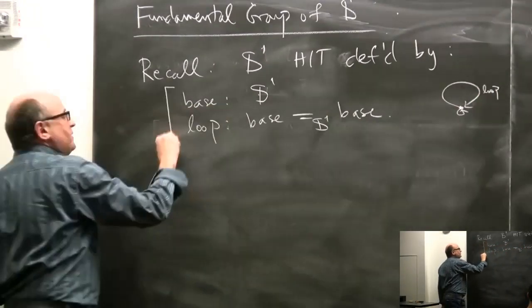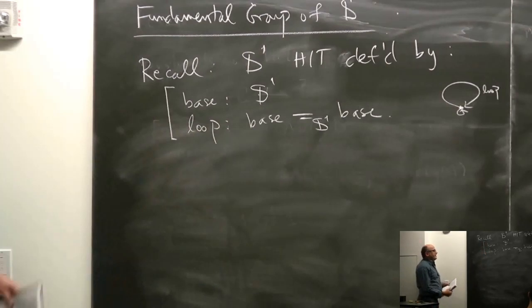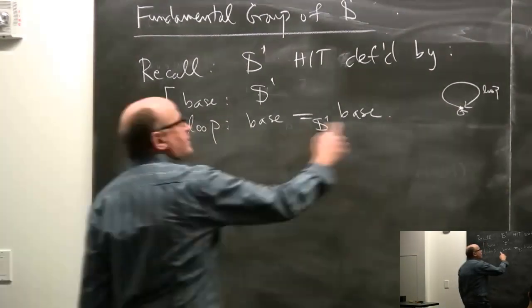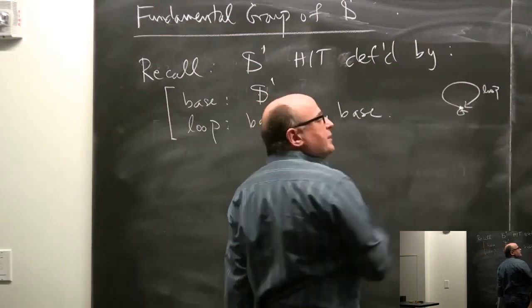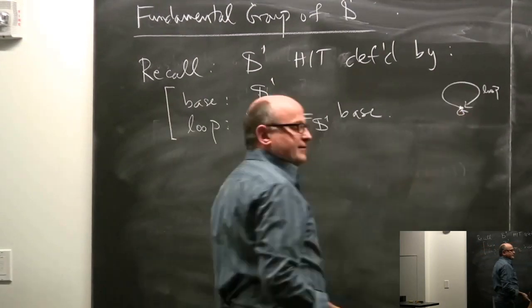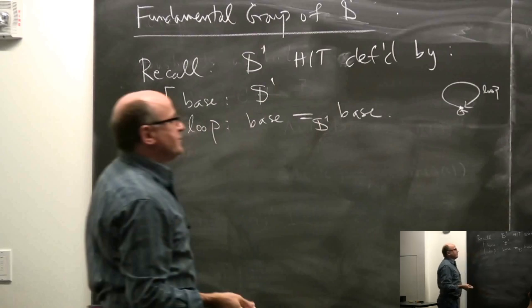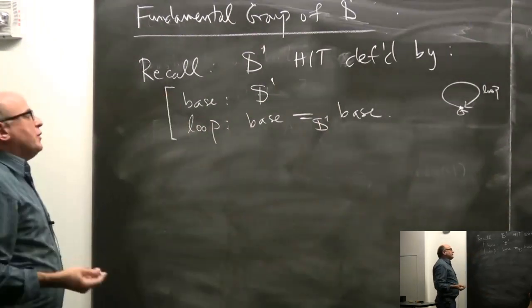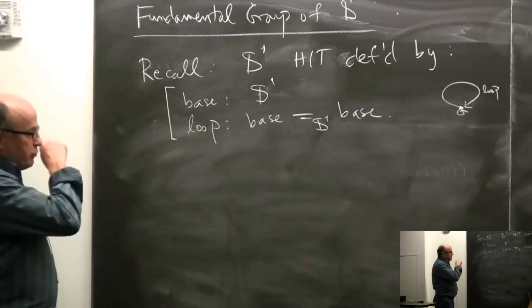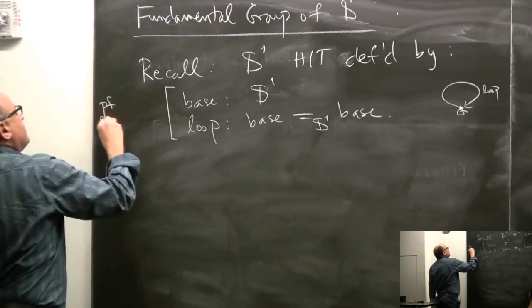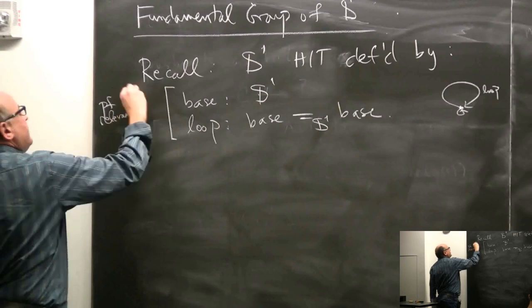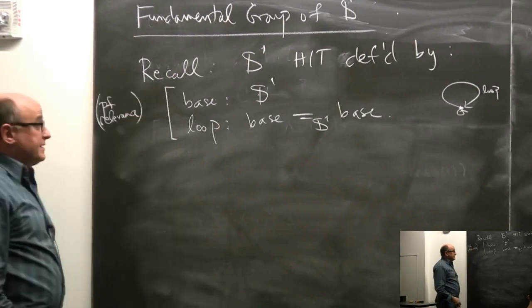All right, so that's the idea. Remember, the loop is an equation. This is saying there's another reason why base is equal to base other than the fact that it is by reflexivity. And so it's a nice example of proof relevance. You can think about these things in different ways.